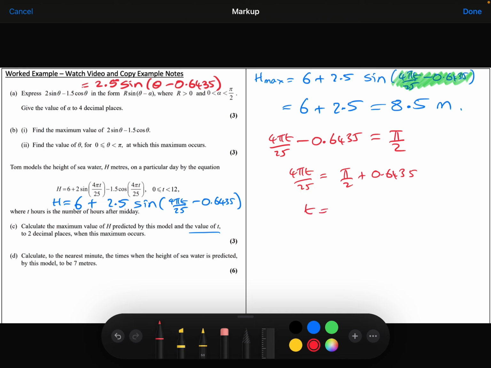So whatever my answer was, multiply by that 25, divide by the 4 pi, and to two decimal places it is 4.41. And note, this is hours after midday.